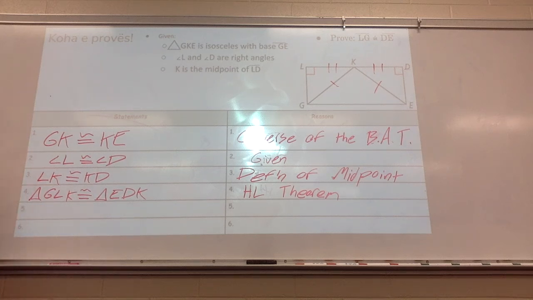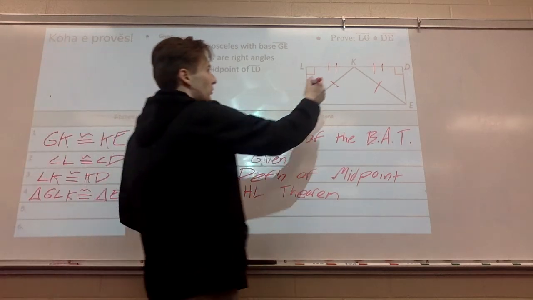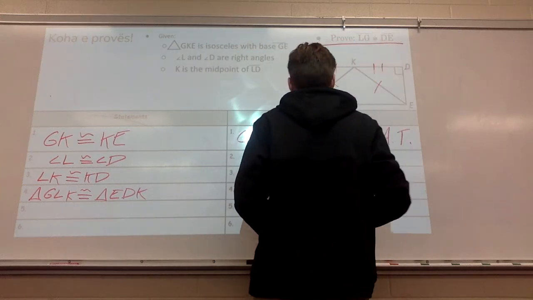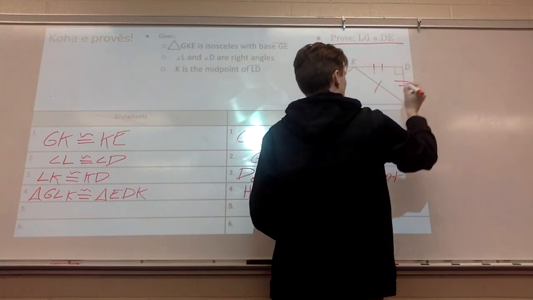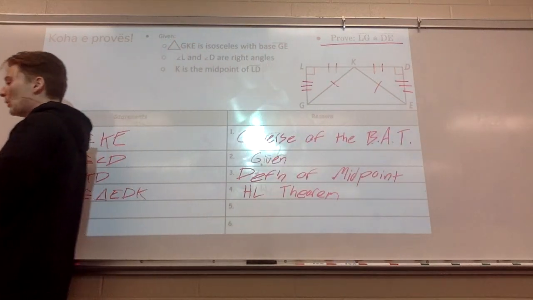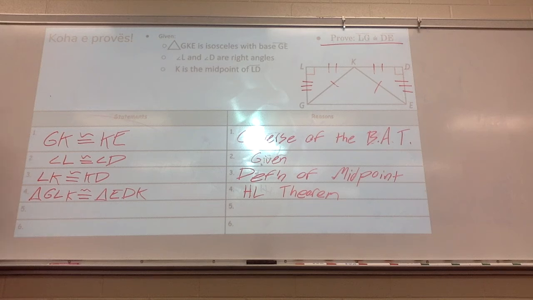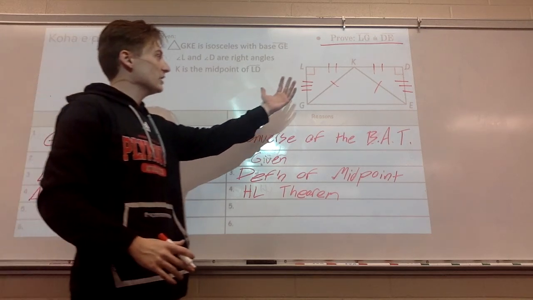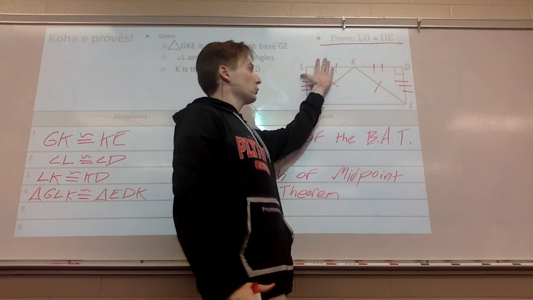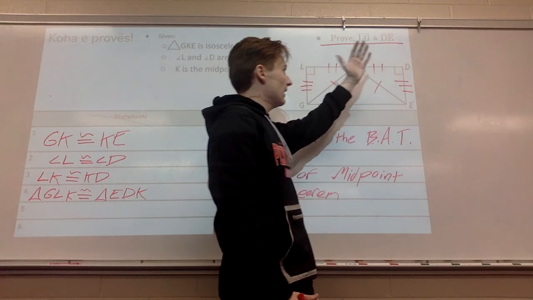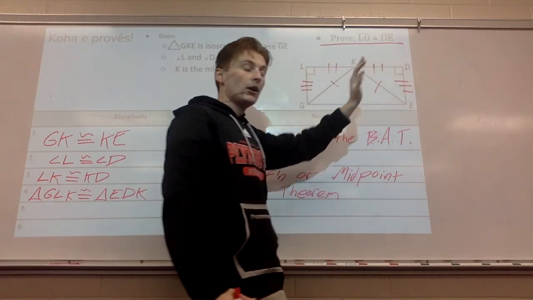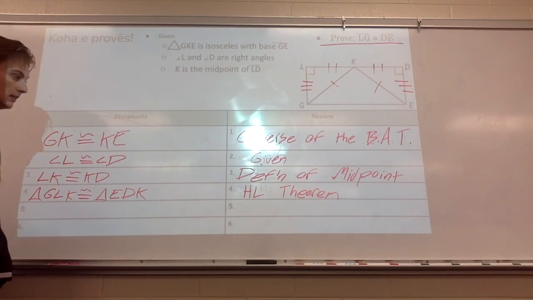Well, that's fine and all, but notice I still haven't proven what I wanted to. I needed to prove that LG was congruent to DE. That is these two sides right here. Well, remember back to congruent polygons. Okay? If I were to take GLK right here and reflect it, I would notice that LG and DE are corresponding sides.